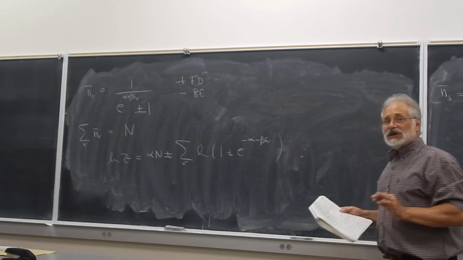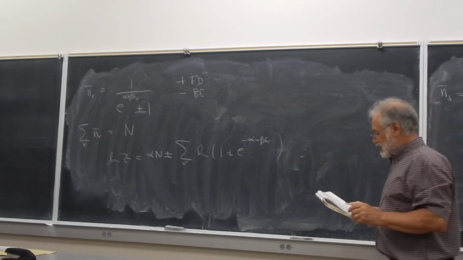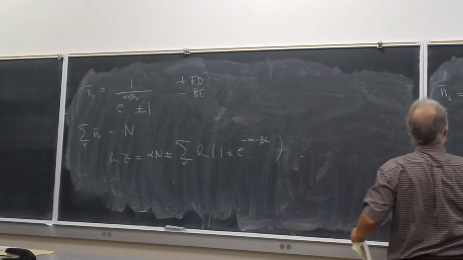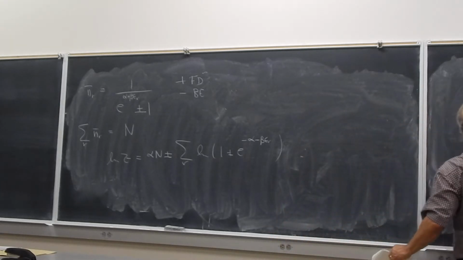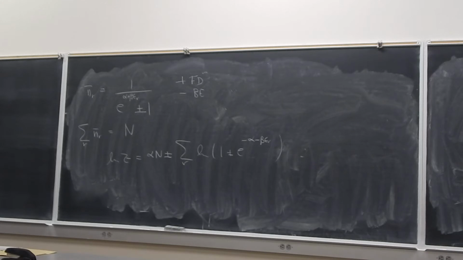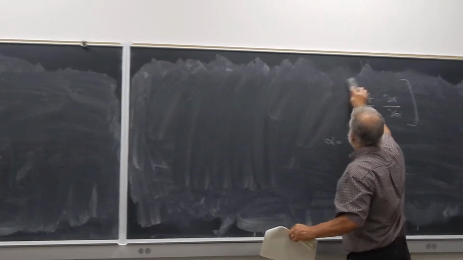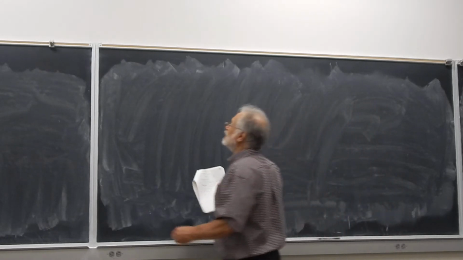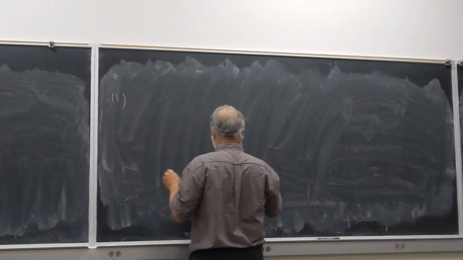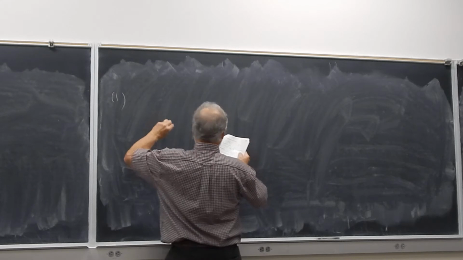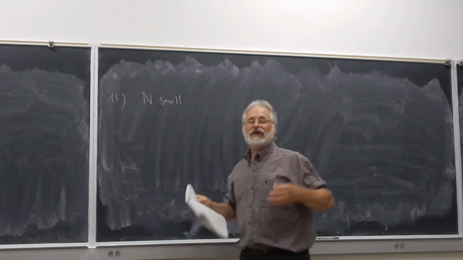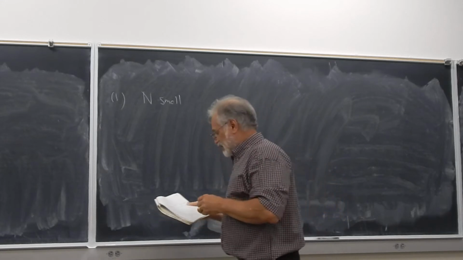Now, let's look at the limiting cases, because we're going to want to go, as I say, to the classical limit. What does that mean? There are a number of ways we can look at that. First, let's look at the case when n is small. That means we have a low concentration of the ideal gas.